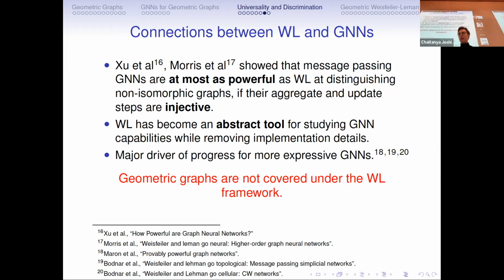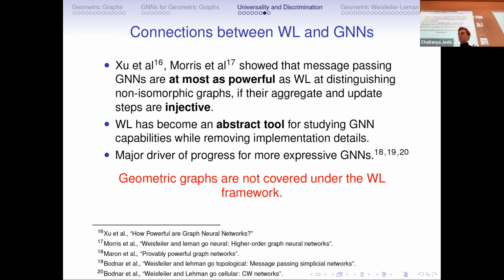And so the question that we were asking is, can we generalize this Weisfeiler-Leman procedure to the geometric setting, which includes the strings attached version, and use it to study graph neural networks and some of these geometric graph neural networks? So that's the question that we started with in the next section of the talk.